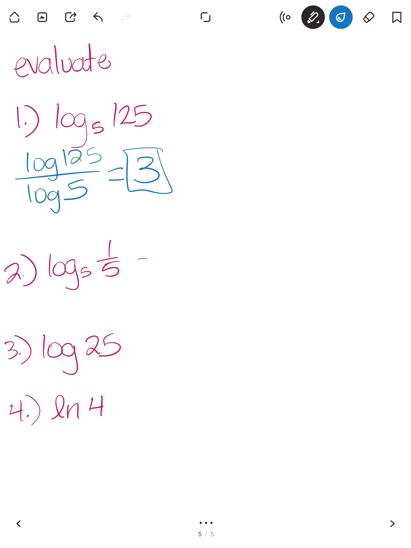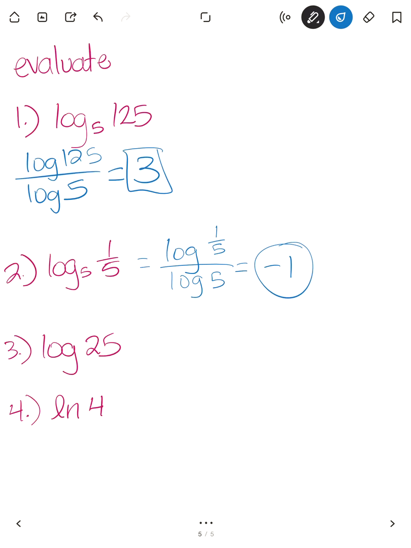The next one, log of the number divided by log of the base. To get the 1/5, it's just 1 divided by 5. Make sure you hit equal so you get that 0.2 as a decimal. Okay, and then log divided by 5 log equals -1.